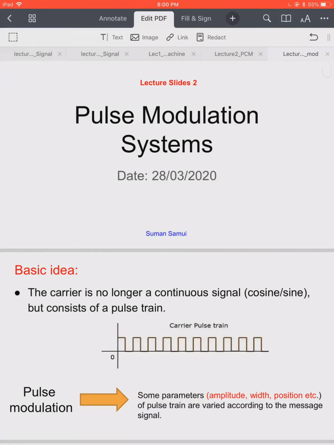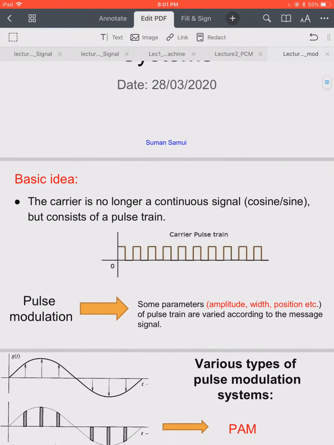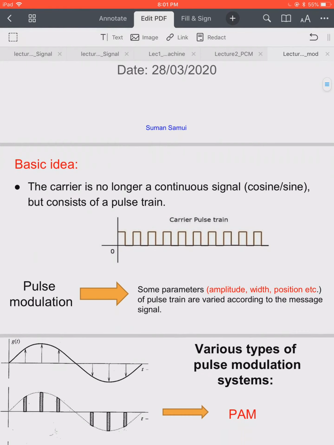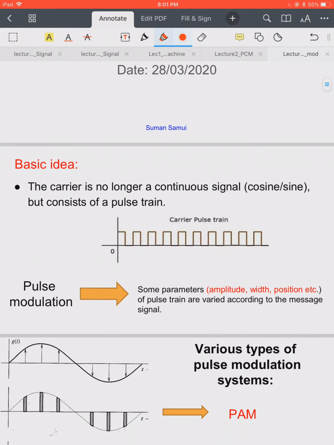So you have some basic idea of analog modulation, like amplitude modulation and frequency modulation, where we can use a continuous time sine and cosine wave of very high frequency as the carrier signal, right?